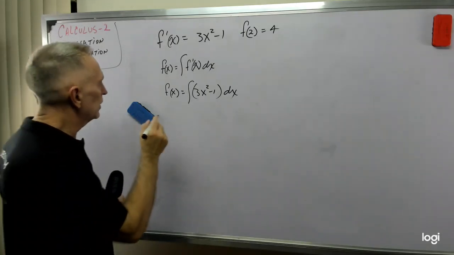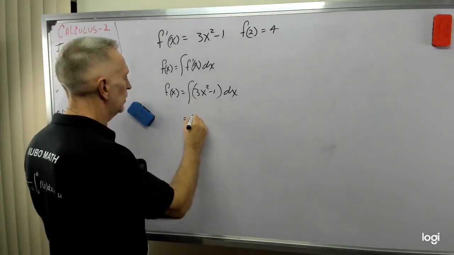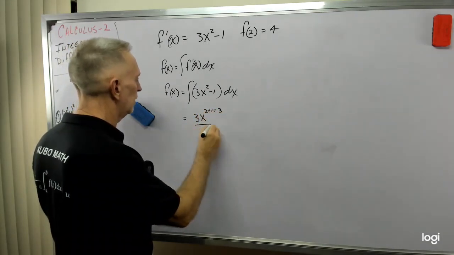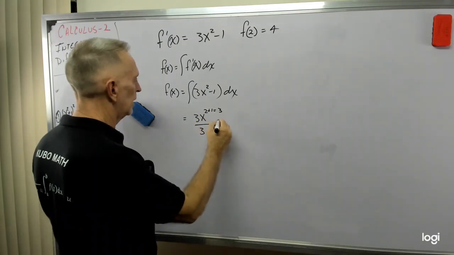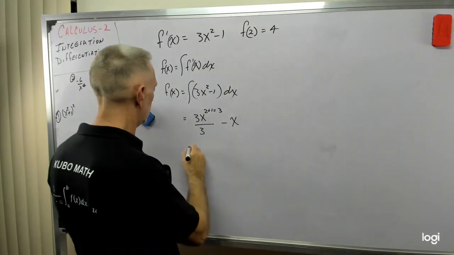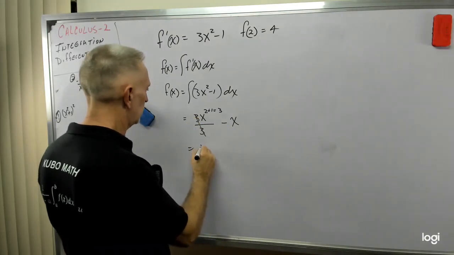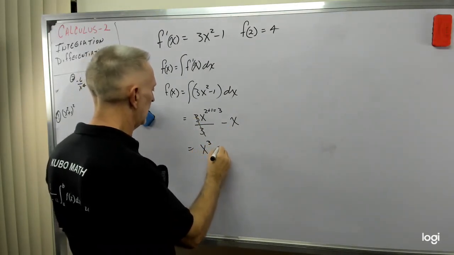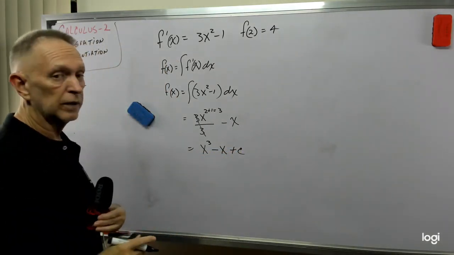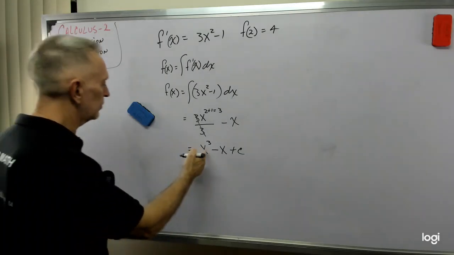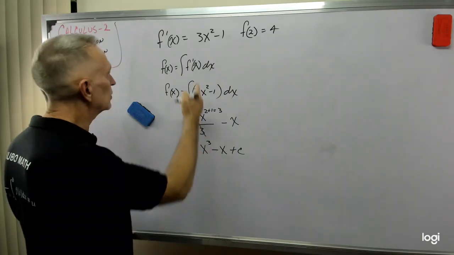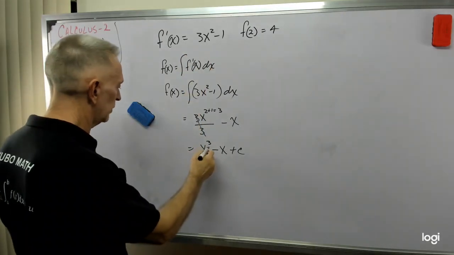Okay, so let's integrate that. So we have 3x to the 2 plus 1 equals 3. Divide by that 3, minus the integral of 1 dx is x. So 3 over 3 cancel, and I end up with x cubed minus x plus c. Now in the spirit of everything we've just done, let's take the derivative of that to see if we get back to our original function.